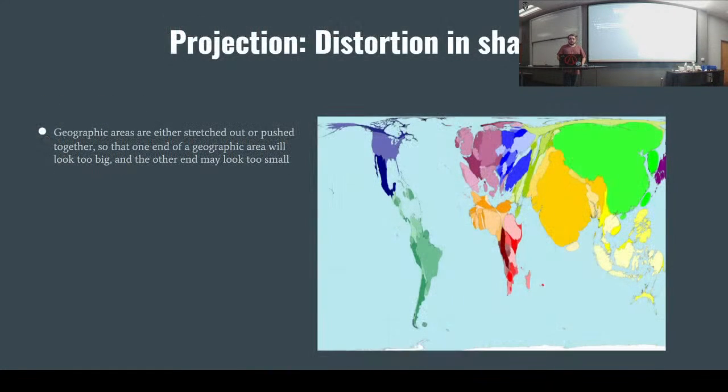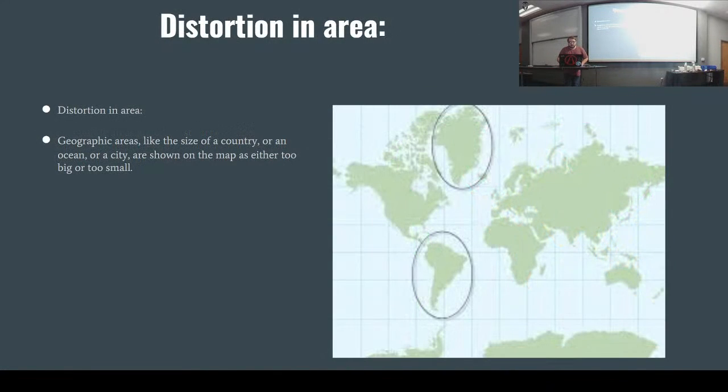And this is not to be confused with the next section, distortion in shape. So distortion in shape is kind of similar to distortion in area, except this really messes up the areas. So distortion in shape, as you can see from this picture, it stretches and elongates and generally just messes up different features on a map.